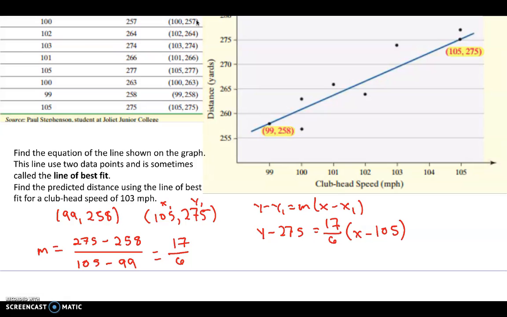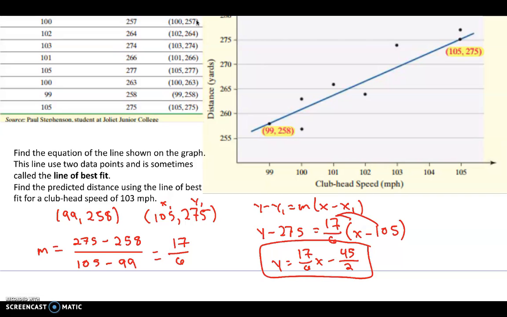Then if I distribute the 17/6 and add 275 to both sides, I would eventually get y equals 17/6x minus 45/2. So this is our line of best fit right here.